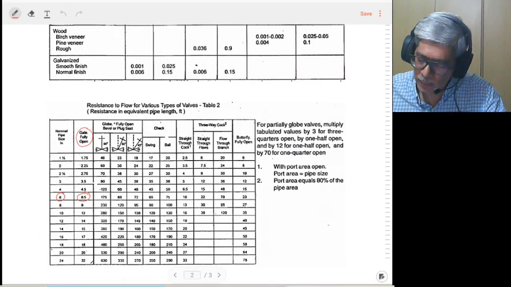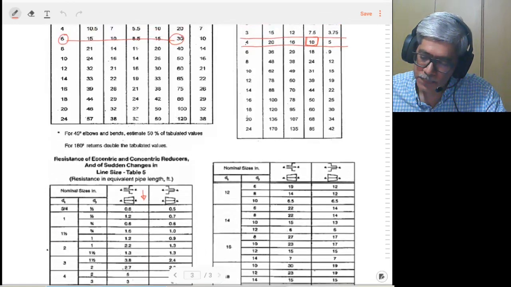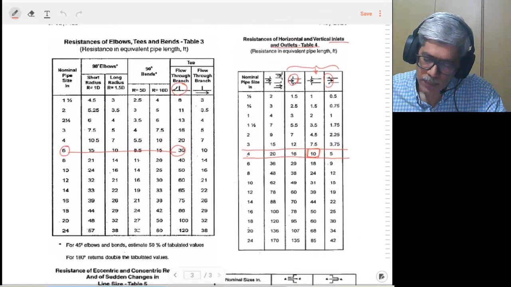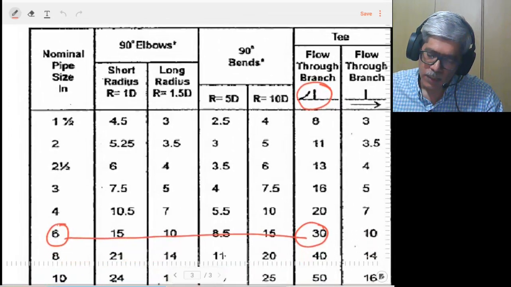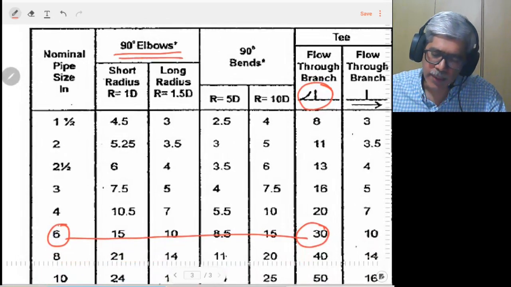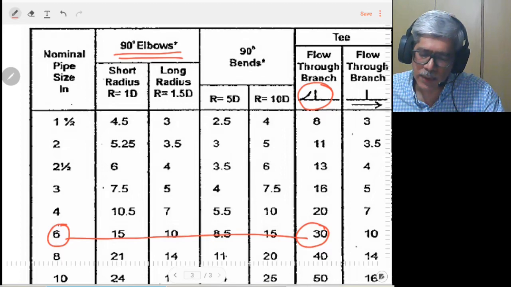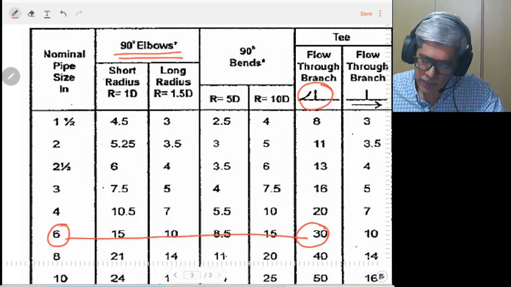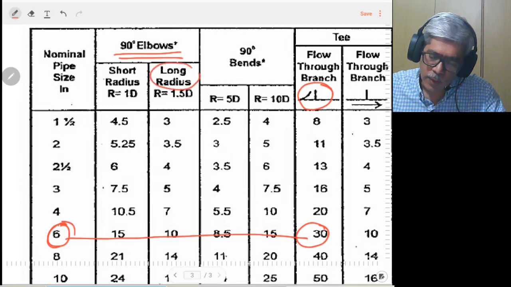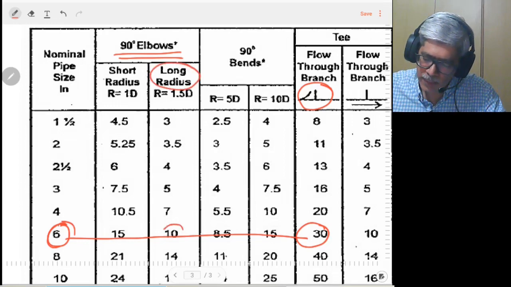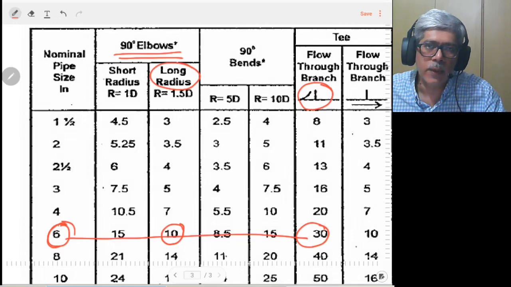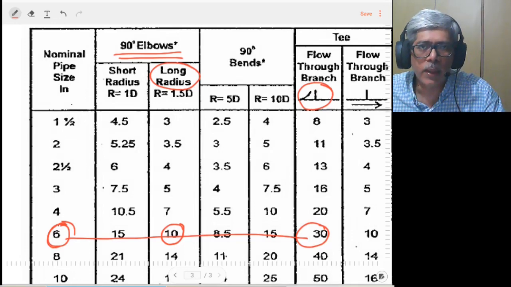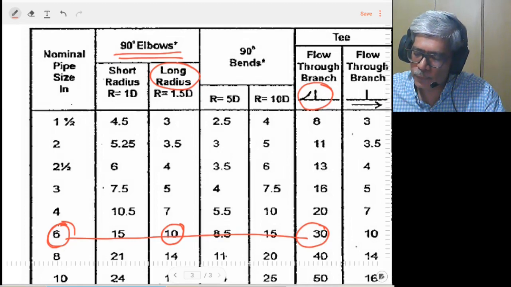So we have to go to the table corresponding to elbows. Here we have the table corresponding to elbows. We have 90-degree elbows, and the elbow was given as a long radius elbow. So for 6-inch long radius, the equivalent length is 10 feet. So we have to consider 10 feet as the equivalent straight length per elbow and then multiply by the number of elbows.